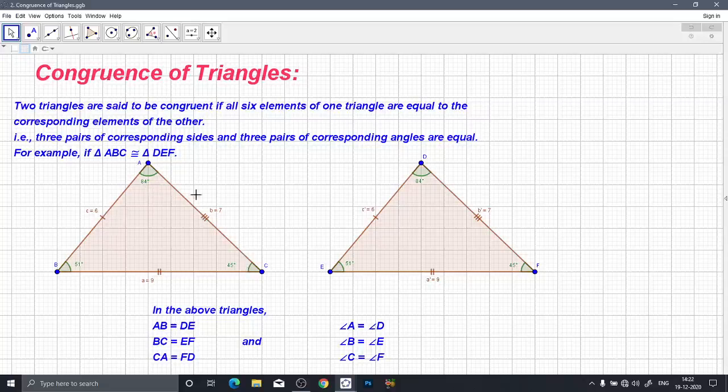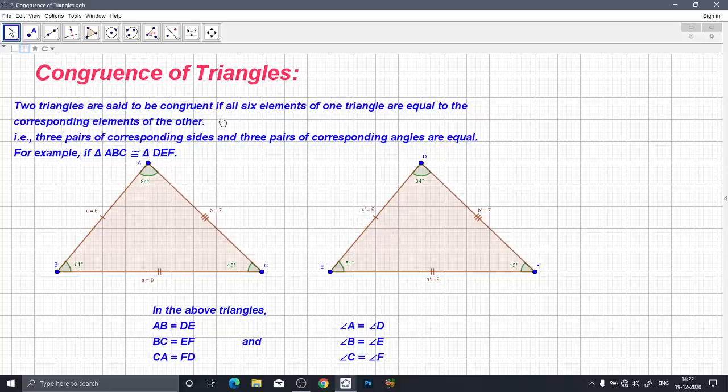So all the three sides and all the three angles of both the triangles should be the same to become congruent to each other. Those three sides and three angles are called the 6 elements of the triangle.